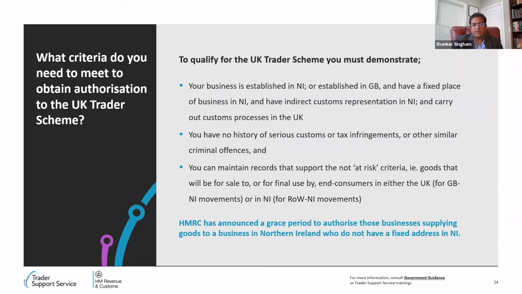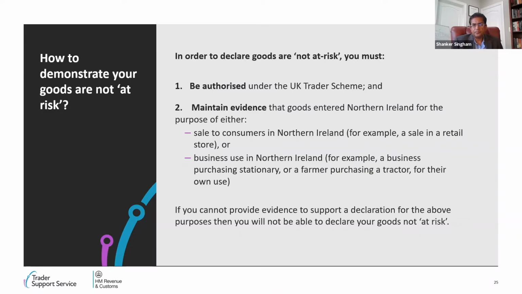If we go to the next slide. How do you demonstrate that goods are not at risk? Well, first of all, there's authorization under the trader scheme. You write to HMRC if you haven't got that authorization already, and you request that authorization. And TSS can help you with that process if you think you qualify.